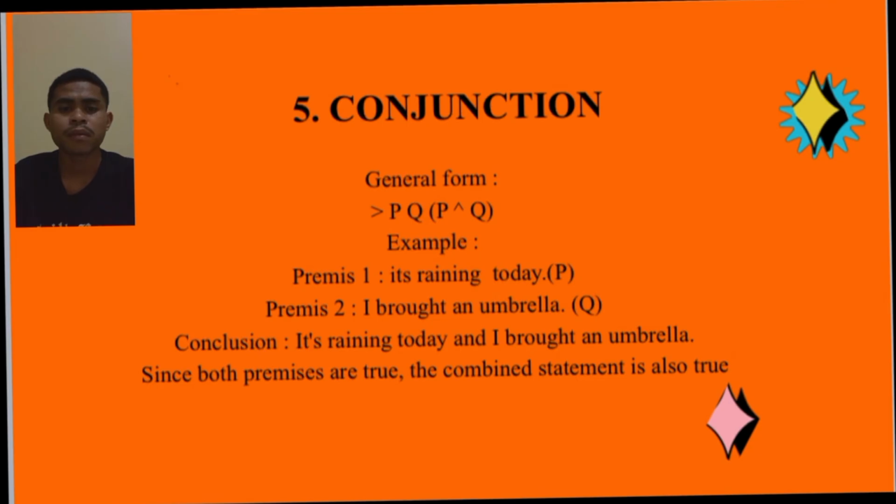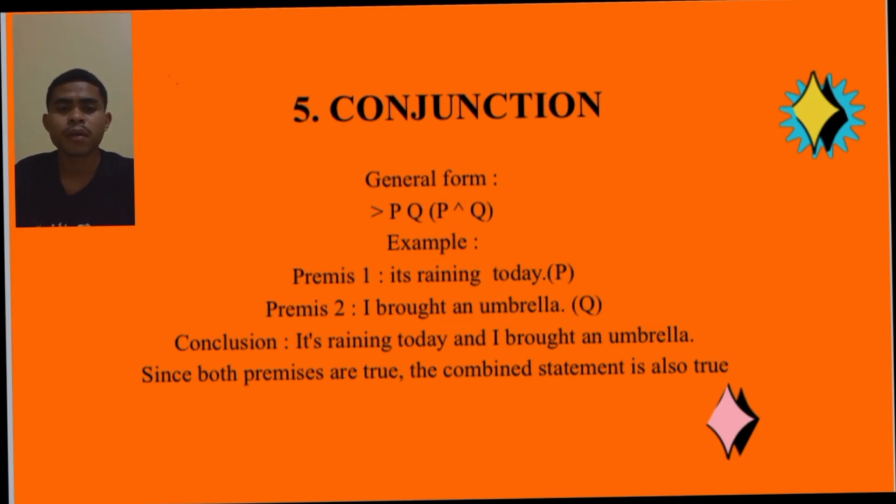Premise 2, Q: I brought an umbrella. True. So the conclusion is: it is raining today and I brought an umbrella. Since both premises are true, the conjunction P and Q is also true.